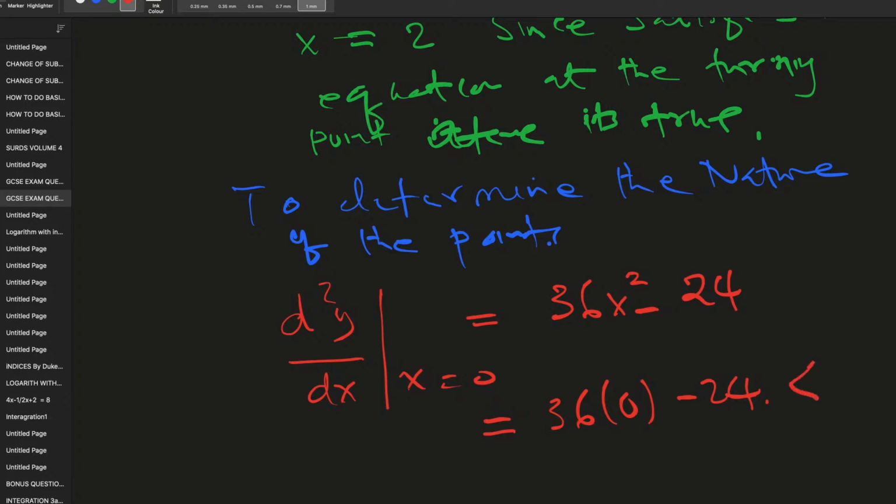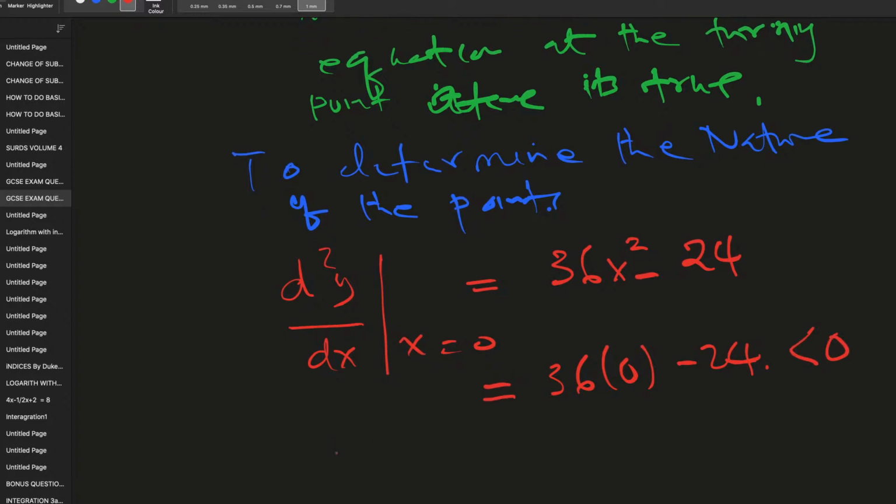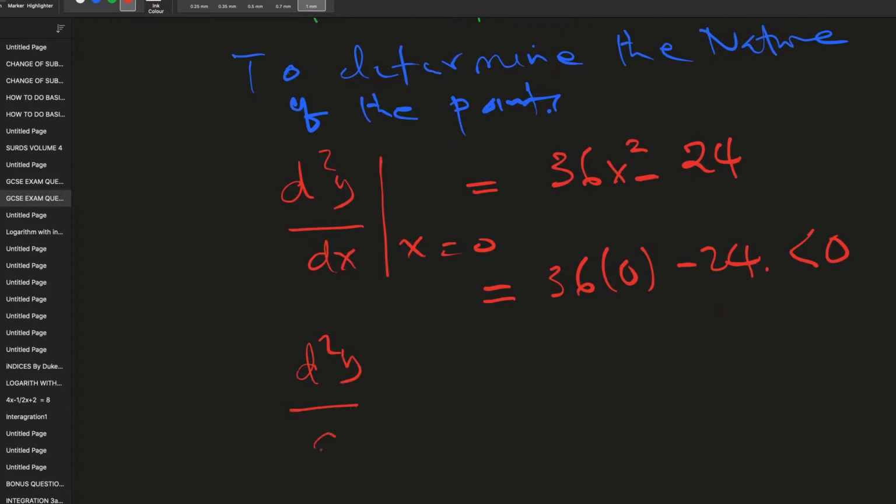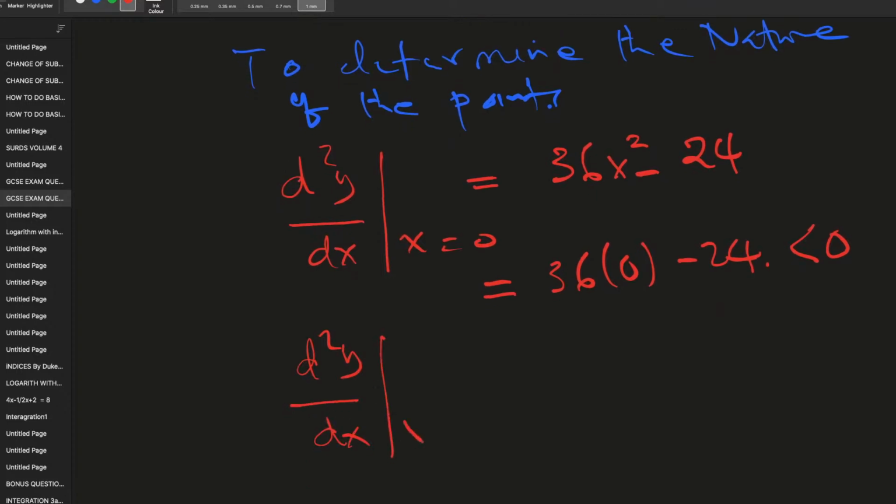Since this one is less than 0, when s is equal to 0, the value we got, which is negative 24, is less than 0. Therefore, this is a maximum point.